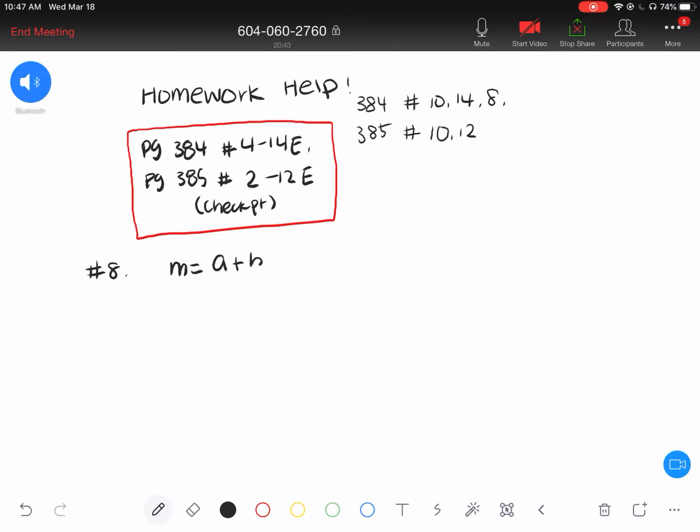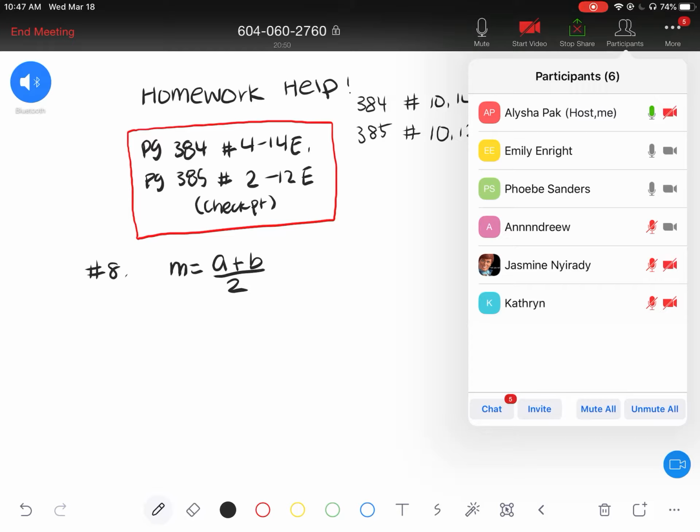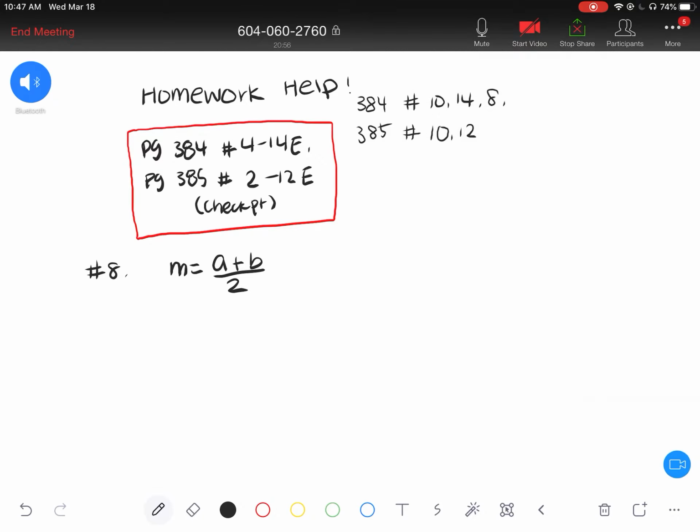Okay, I'm going to mute everyone. Thank you. Okay, so I have m equals a plus b over 2. The key point is to do inverse operation.